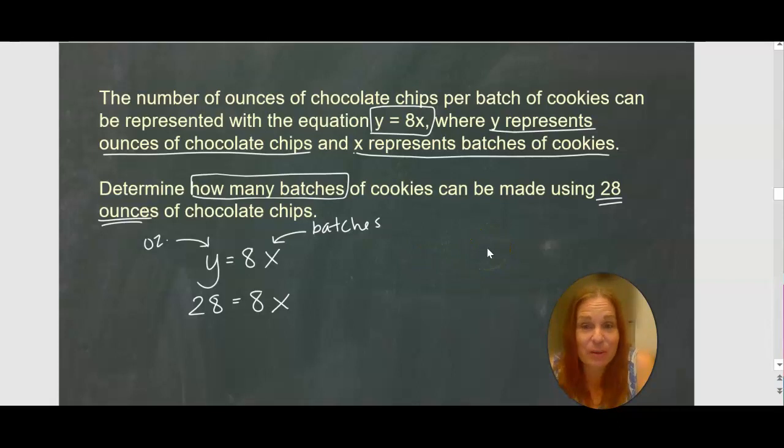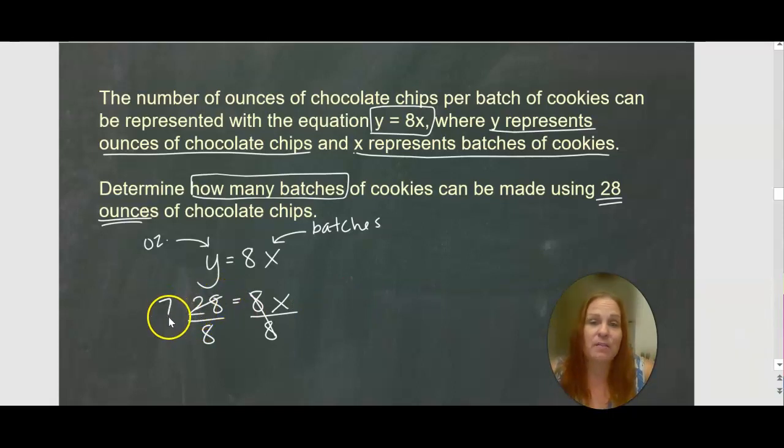We know how to do this, right? The x is being multiplied by 8. So to undo that, we divide by 8. And again, I'm going to do that on my calculator. I'm just going to simplify. So I'm going to divide both of them by 4.